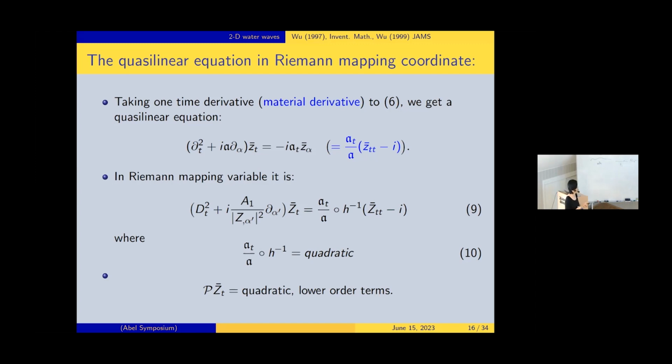There's a simple explanation why the right-hand side has to be lower order. If we look at z_t bar as holomorphic, then taking the derivative, writing d_t twice and also i A d alpha makes it almost holomorphic. It's not exactly holomorphic, but close to being holomorphic.